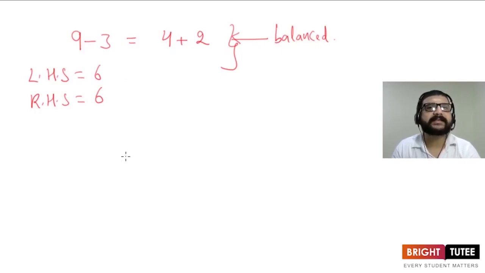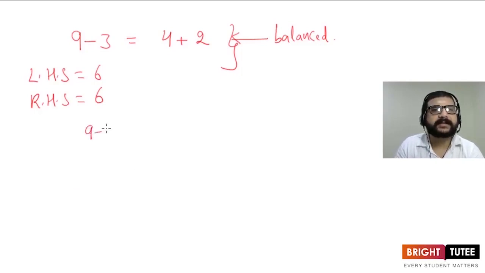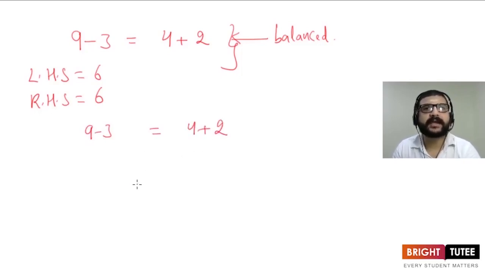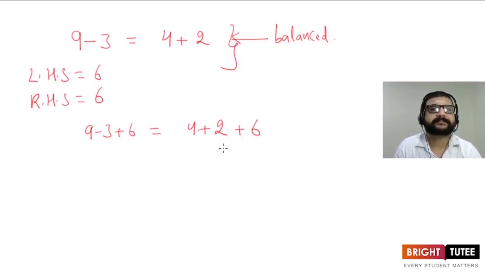Now what if we add the same quantity on both the sides of the equation? Let's try it out. So we have 9 minus 3 is equal to 4 plus 2. Now which quantity should we add on both the sides? Let's add 6 on both the sides. Now what will we get from here? LHS will be 9 minus 3, which is 6, plus 6 gives us 12.